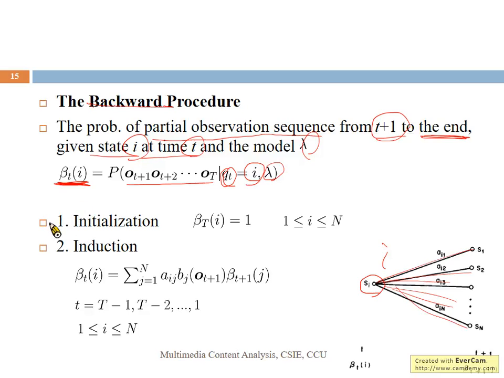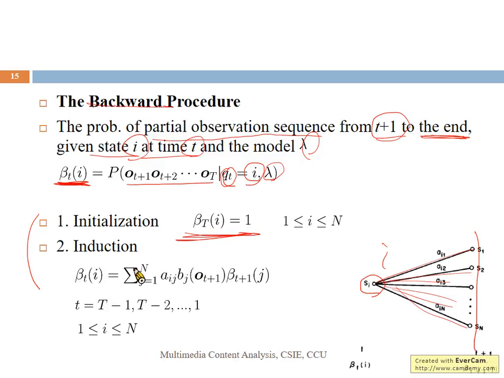And this procedure can also be described as an iterative procedure. Initially, we are at the end of the whole sequence, so beta T i is equal to 1.